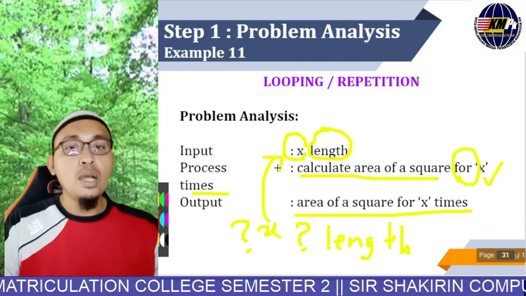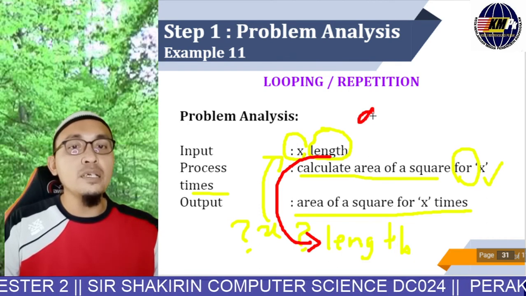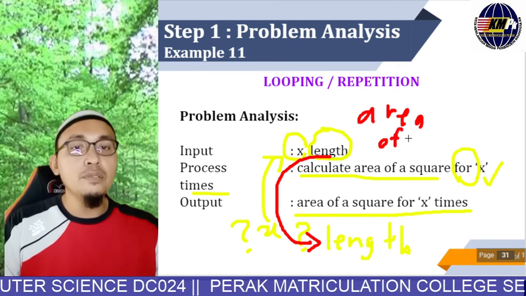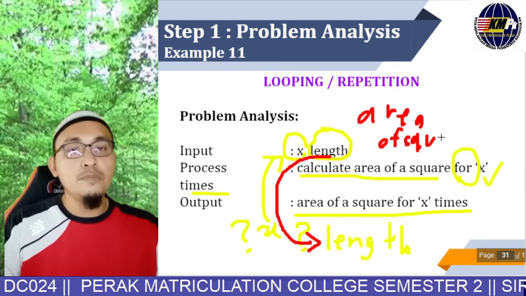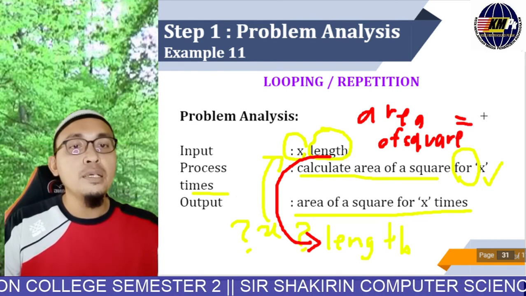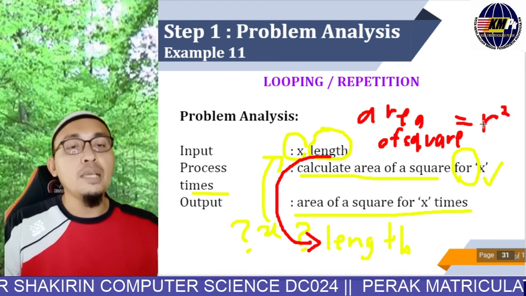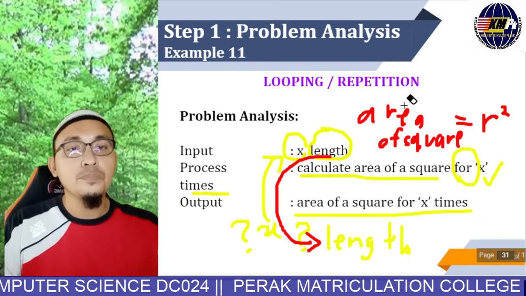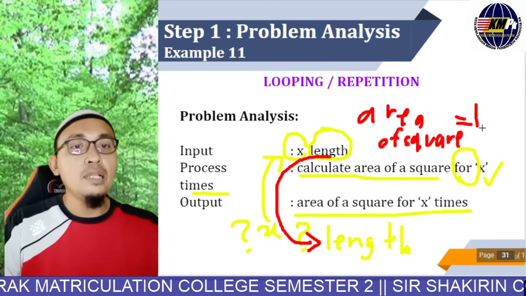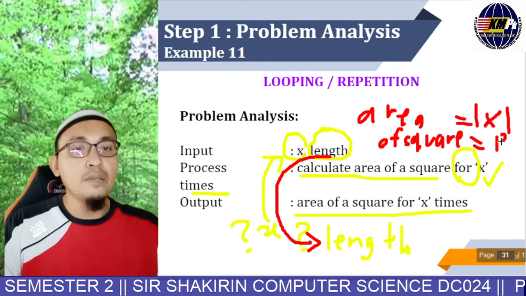And now, why length? The length is because to find the area of square, we refer to the math formula. Area of square can be shown as L times L, or L square.